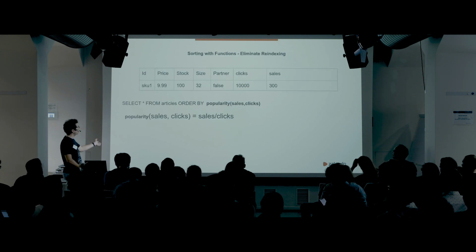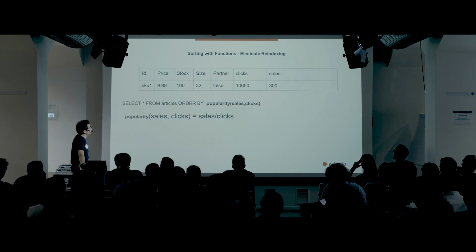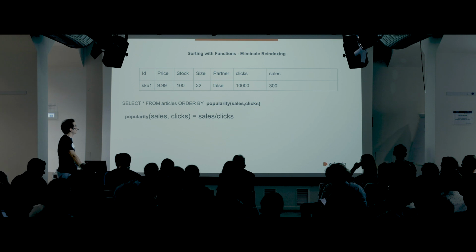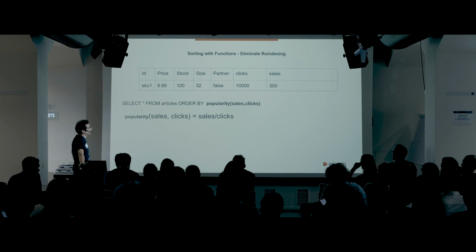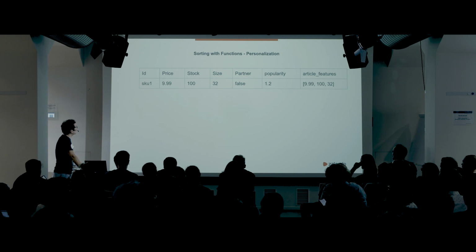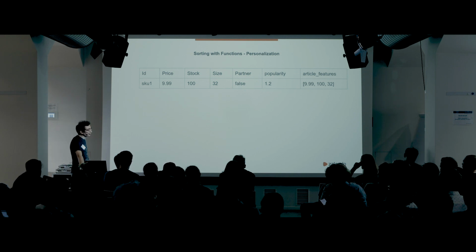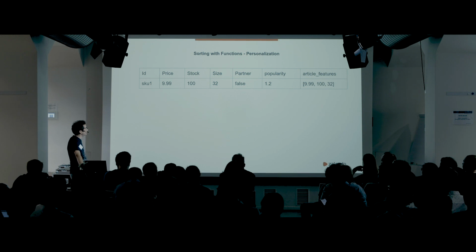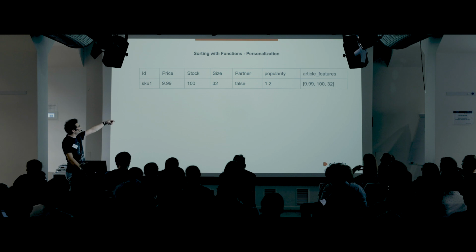This approach seems promising, but it opened other opportunities, not only eliminating reindexing, such as personalization. So let's say you have articles and you also store article features, in this case as an example, its price, its stock, and its size.